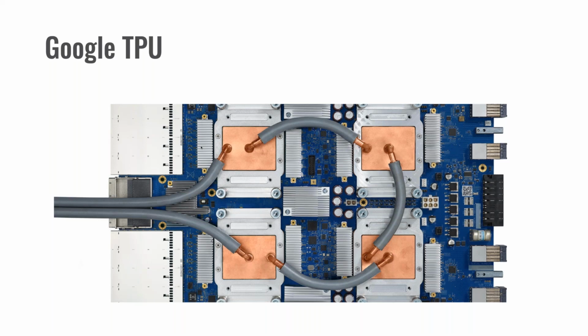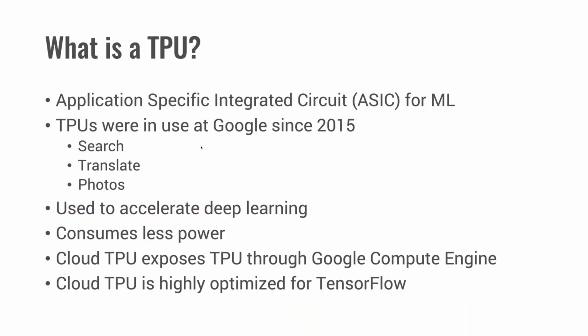So, as I mentioned, a TPU is an ASIC exclusively designed for machine learning and AI. And Google has been using it internally to accelerate a lot of operations, including search, translation, photos, and so on. It consumes much less power when compared to traditional GPUs. And as I mentioned earlier, TPUs are available only through GCE and other layers that run on top of GCE, like GKE and some of the upcoming technologies like Google Cloud Run.